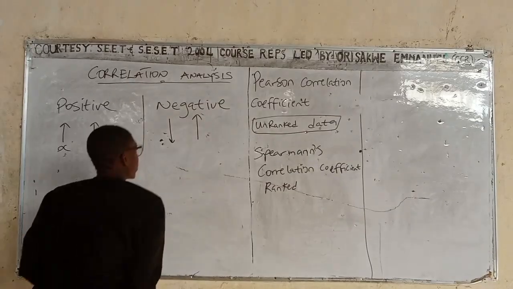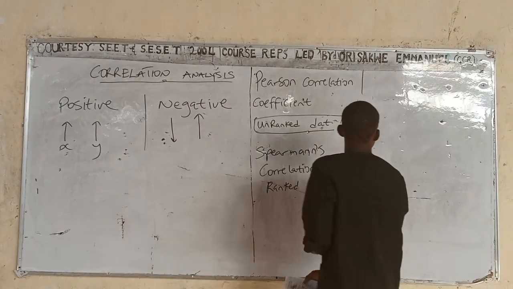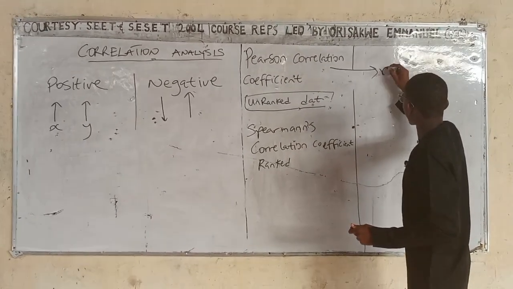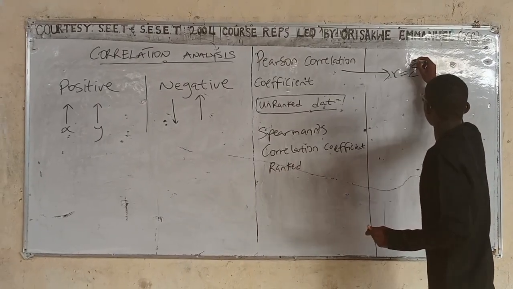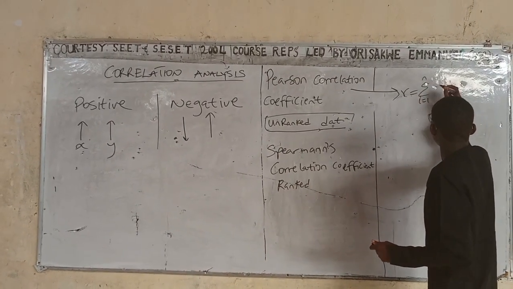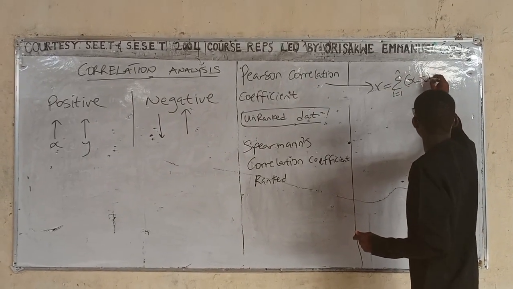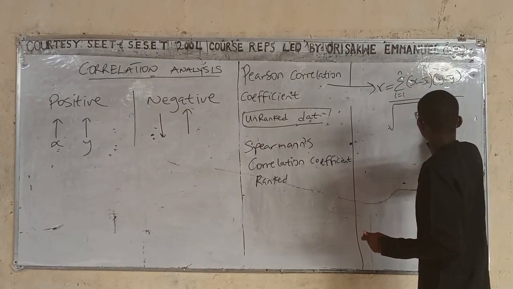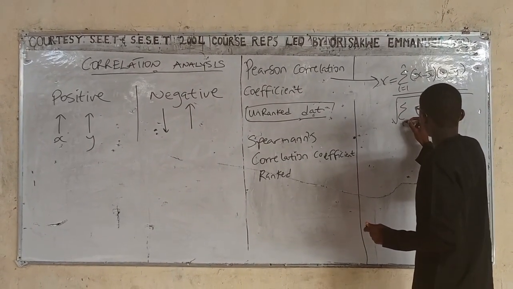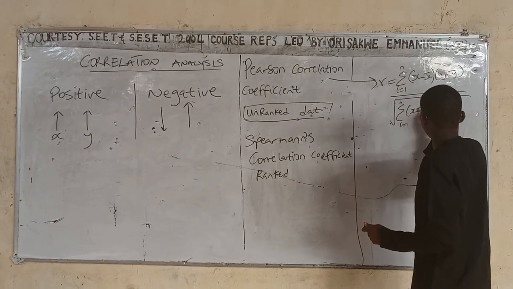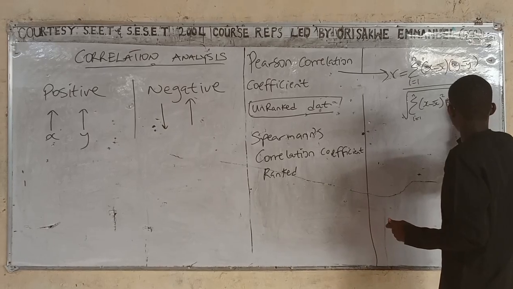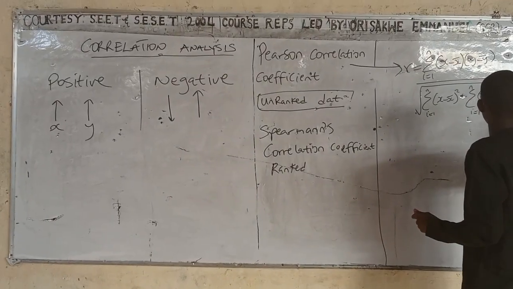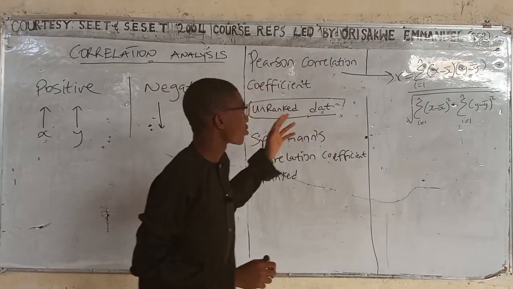This is the general formula for the Pearson's correlation coefficient: r equals summation of x minus x bar times y minus y bar, all over the square root of summation of x minus x bar squared times summation of y minus y bar squared.